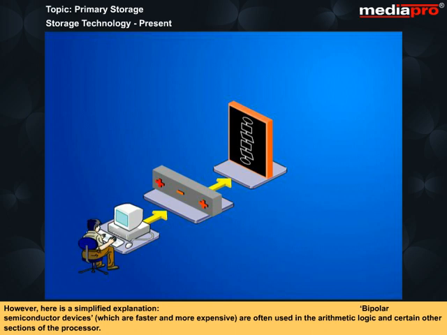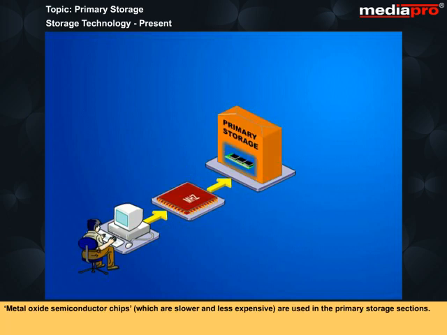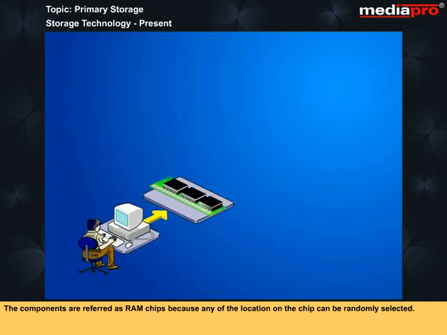Bipolar semiconductor devices, which are faster and more expensive, are often used in arithmetic logic and certain other sections of the processor. Metal oxide semiconductor chips, which are slower and less expensive, are used in the primary storage sections. The components are referred to as RAM chips because any of the locations on the chip can be randomly selected.